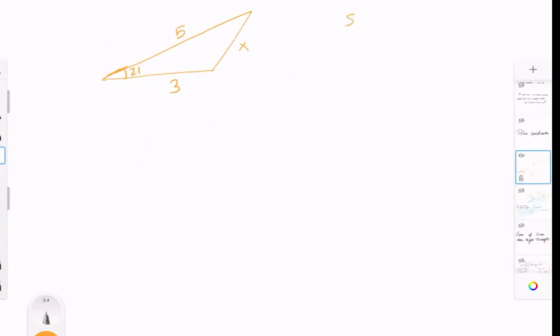Solve for x. Which formula should I use? Law of cosines. Okay.